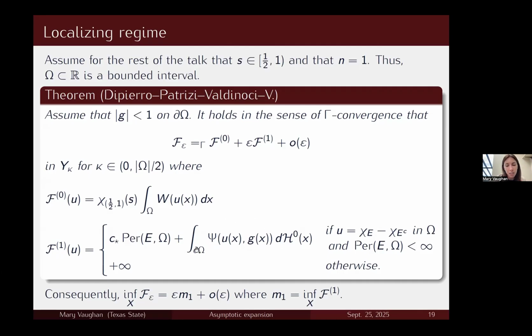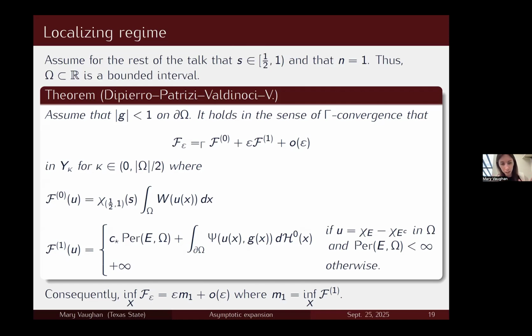So here, this is an integral over the boundary of omega with respect to the 0-dimensional Hausdorff measure. So we're in 1D, so this is just evaluation at the endpoints, but just to make it a little easier to write down on the slides. So this function depends on G at X for X in the boundary, which is well defined because G is a Lipschitz function and it's fixed.